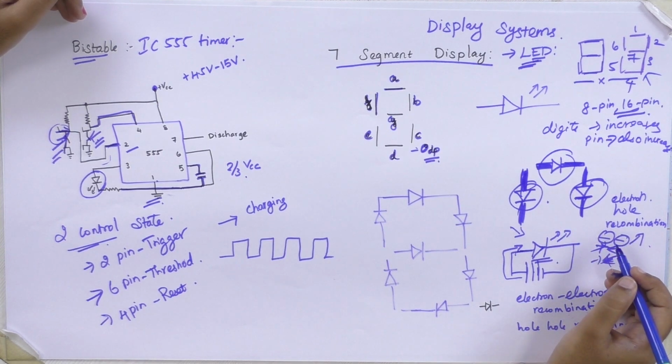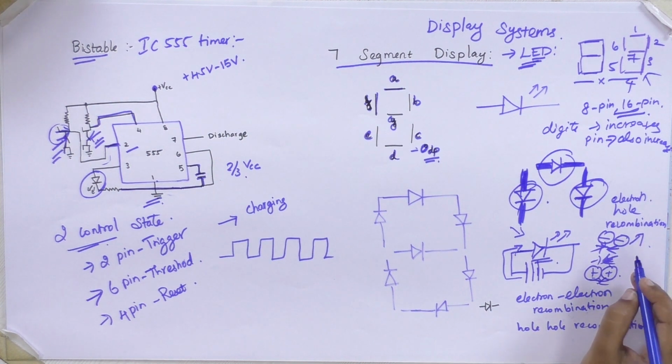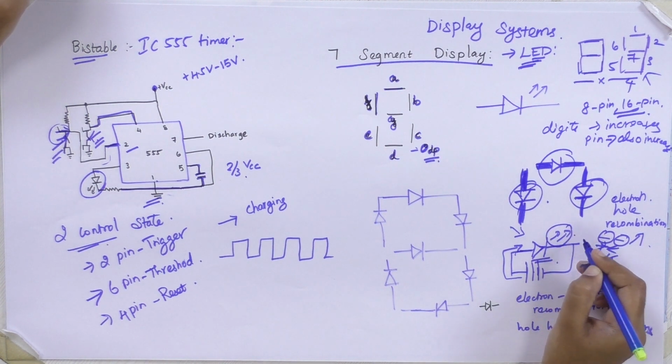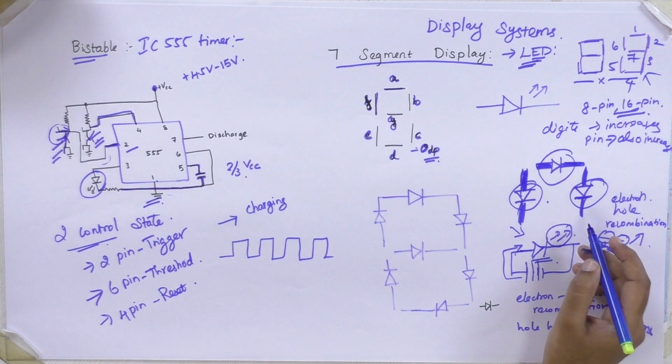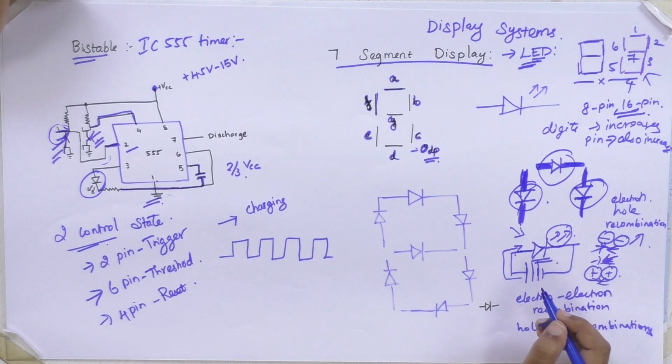Light will be emitted. Similarly, when same charges come together, they generate a repulsive force, and because of that photons are emitted. Photons are nothing but light energy. Light energy is reflected. So this is how your light emitting diode works.